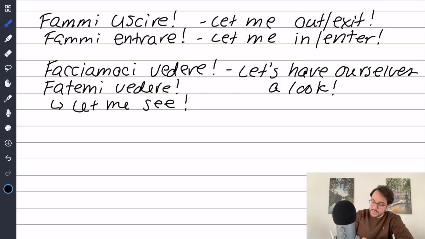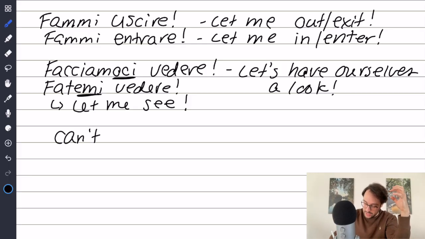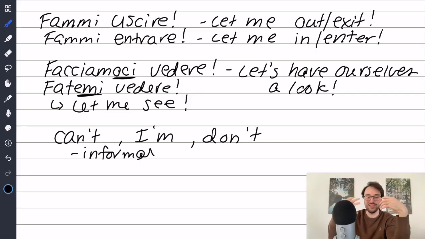So it's generally seen when we're saying things like fatemi, facciamoci. You know how in English, in formal writing, we always say don't do things like this? Can't, I'm, don't, etc. These are seen as informal. The same thing happens in Italian. If you have contractions, they're informal.